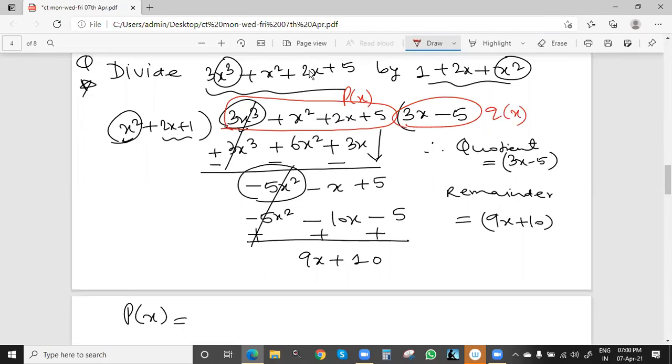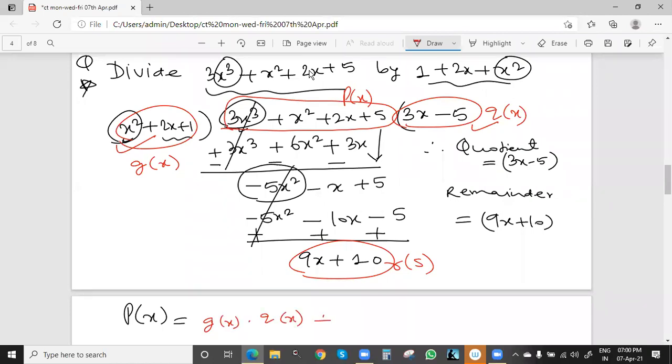So p(x) can be written as divisor into quotient plus remainder, that is g(x) into q(x) plus r(x).